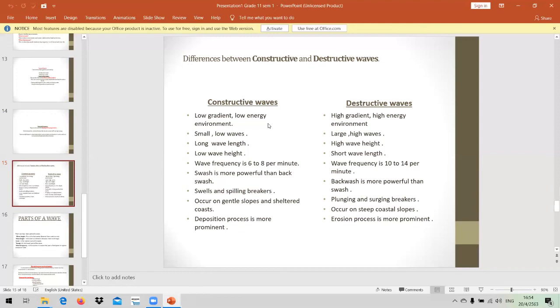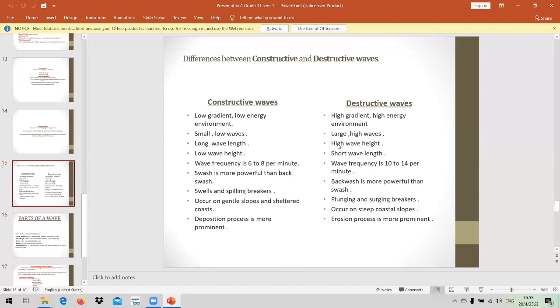They have a high gradient and high energy environment. Constructive waves are small and have low waves. Remember we said they happen in calm weather, so you don't expect the waves to be very large and strong. So they have small and low waves.